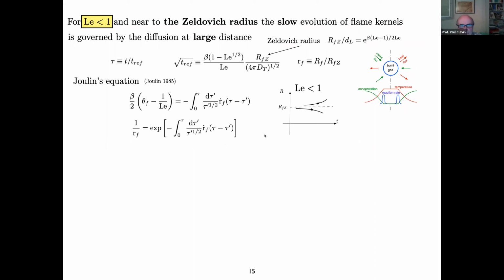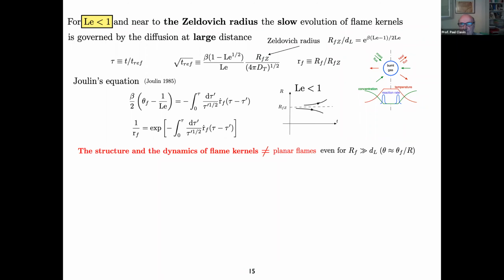As we said already, it is unstable, but the radius either decreases when it is smaller than the Zeldovich radius, or it increases, showing clearly the problem of initiation. In order to initiate, you should start with a radius which is larger than the Zeldovich radius.